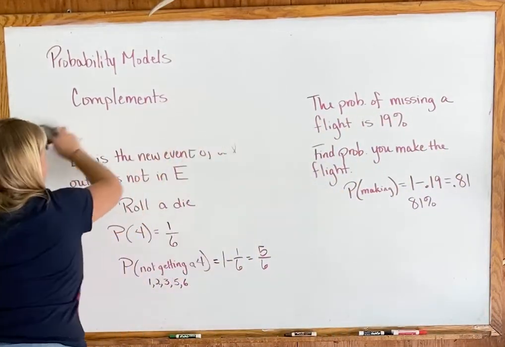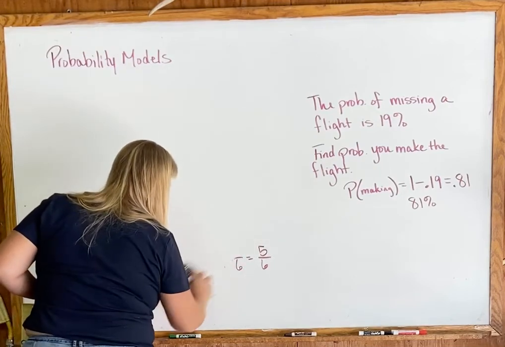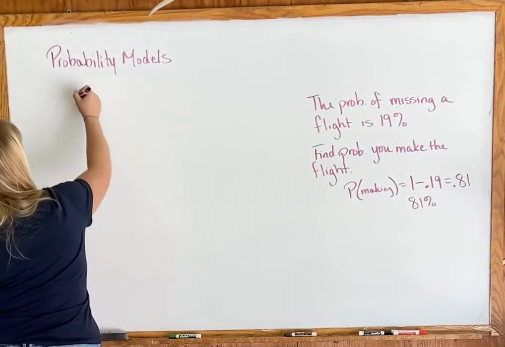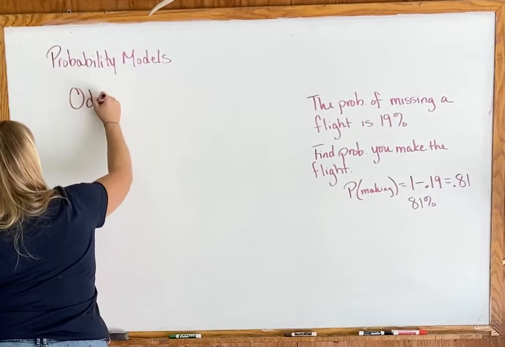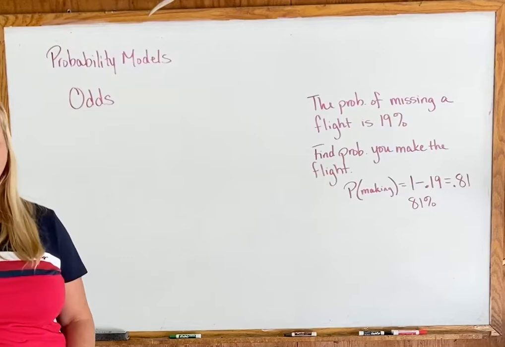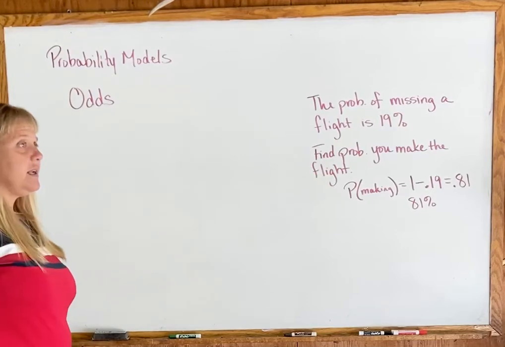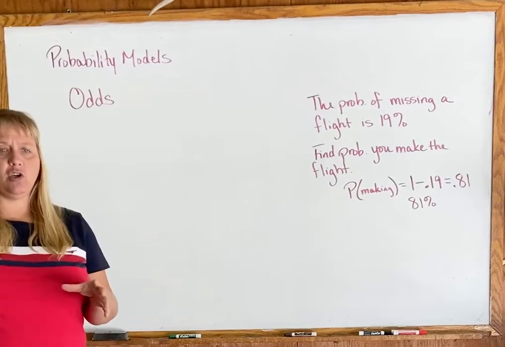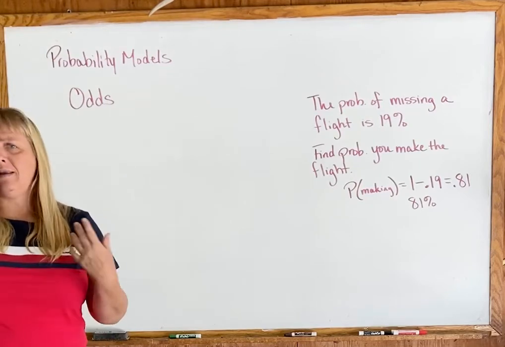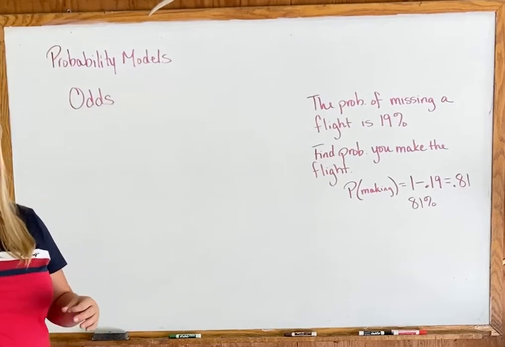So what we really want to look at in this section is odds. Now remember, this class is all about how we use math in everyday life, okay? And a lot of times people misuse the word odds and mean probability, or vice versa. They say the probability, but they actually mean odds.